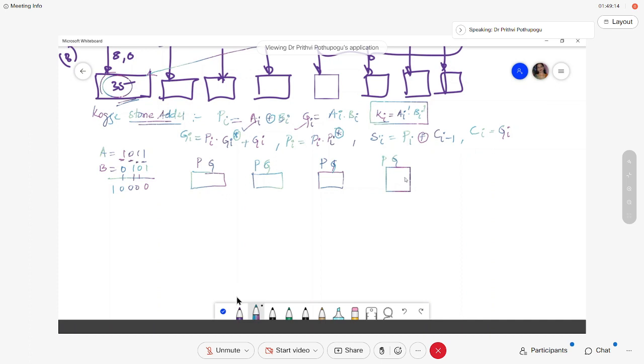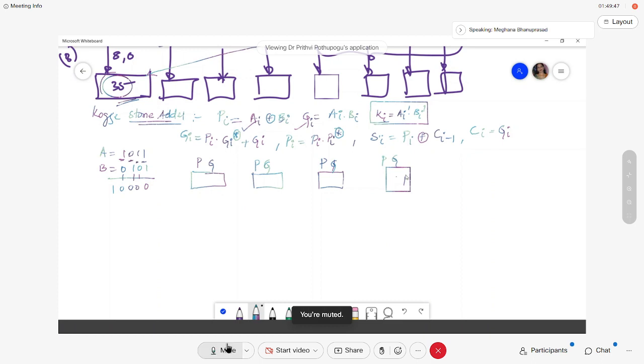Here, generate is 1. First stage, this stage. Generate is 1. Propagate is 1. Generate is 1. Propagate is 0. Is there any carry from the previous stage?